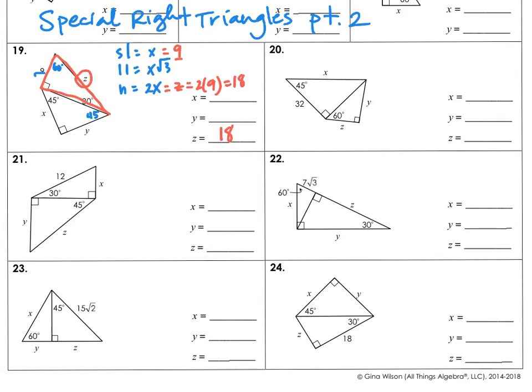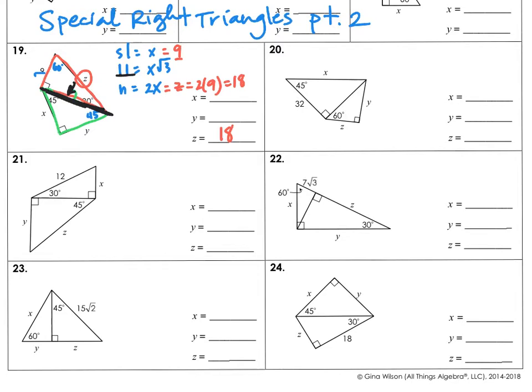Okay. Now that doesn't tell us anything about this other triangle, this 45, 45, 90 triangle. So we need to find the hypotenuse. We need to find this leg here, which is going to be the long leg of this triangle, and it's going to be the hypotenuse of the other triangle.